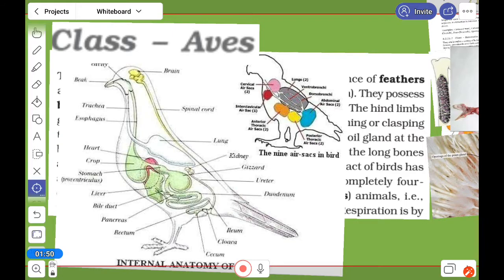Look here. Here is the beak. Birds are bipedal, it means two legs are there.